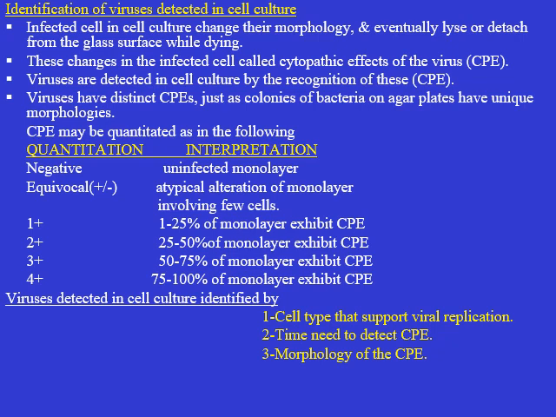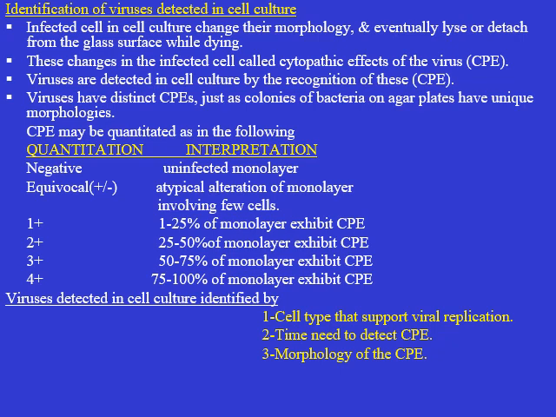Now, viruses detected in the cell culture can be identified by 1. Knowing the type of cell culture that supports the viral replication, what type of the cell culture the virus replicates in. 2. The time needed to detect the cytopathic effect, how much time is needed for the cytopathic effect to appear in the cell culture.